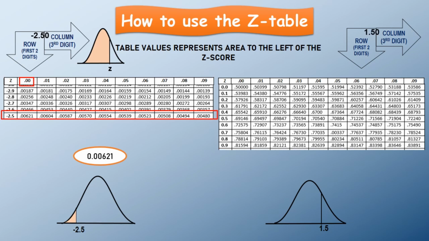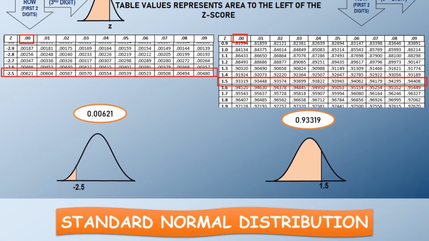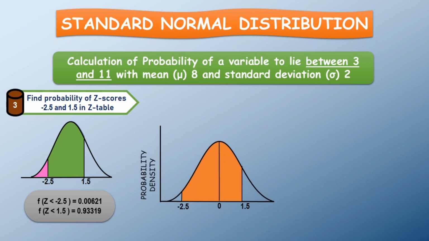Similarly, probability value for 1.50 is 0.93319, which also represents the area less than 1.5. In short, green area is for probability less than 1.5 and pink area is for probability less than minus 2.5. But the area we want is between minus 2.5 and 1.5.